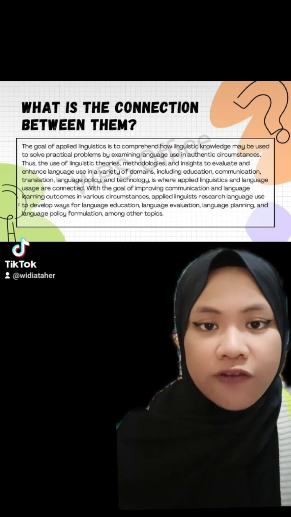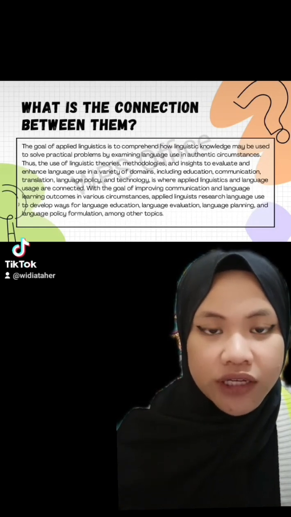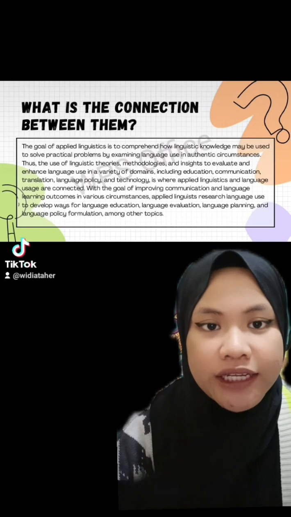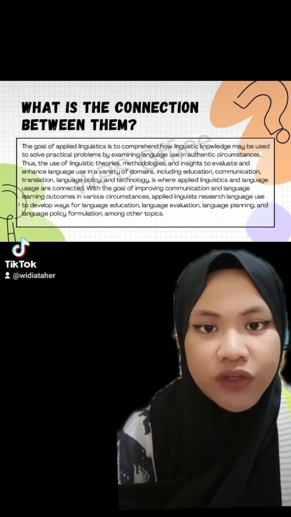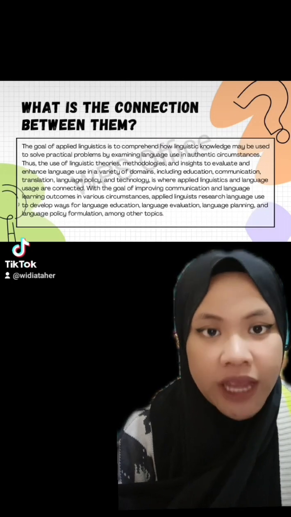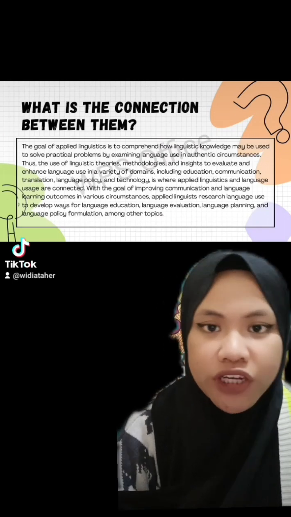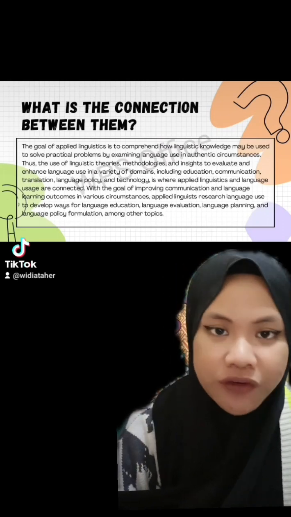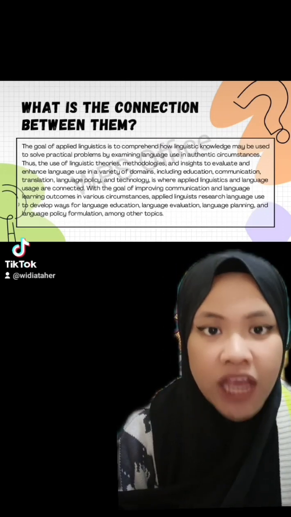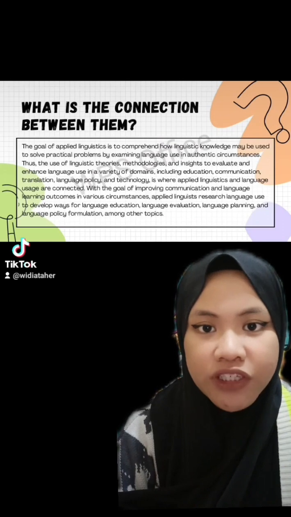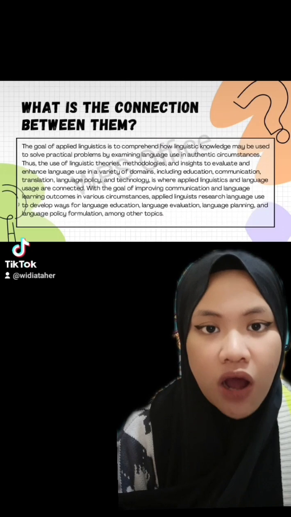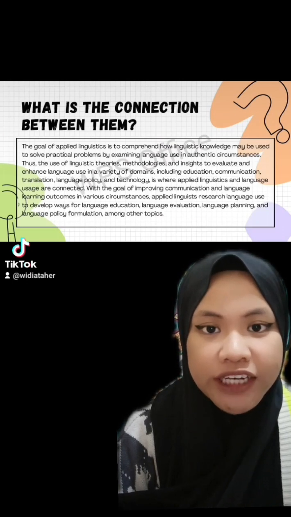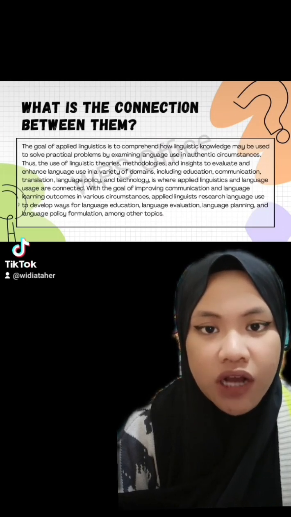Thus, the use of linguistic theory, methodology, and insight to evaluate and enhance language use in a variety of domains, including education, communication, translation, language policy, and technology, is where applied linguistics and language usage are connected, with the goal of improving communication and language learning outcomes in various circumstances.